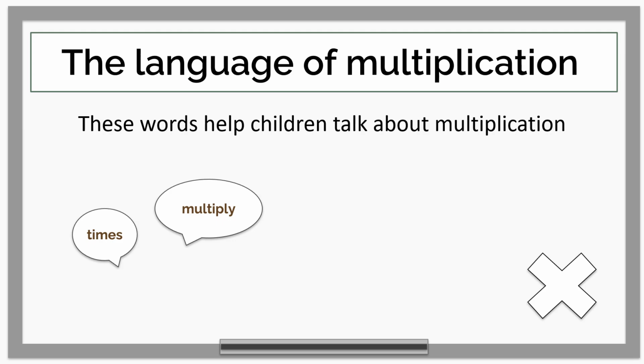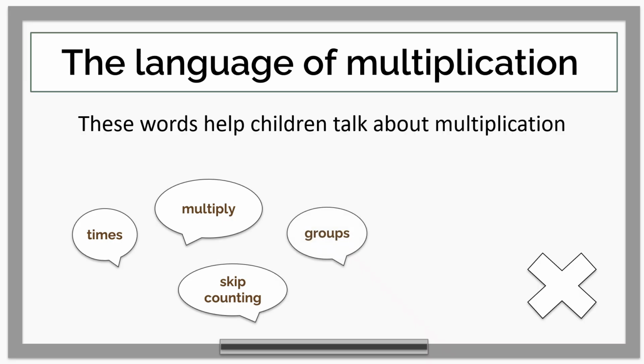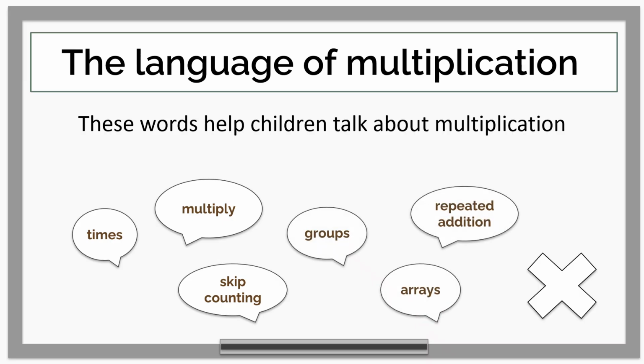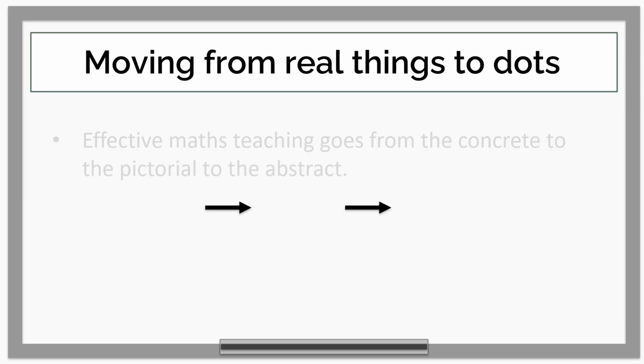I can multiply 3 by 6. The next is skip counting, obviously groups, and repeated addition. And then finally, children also need to understand arrays, which we'll look at in more detail in a later video.